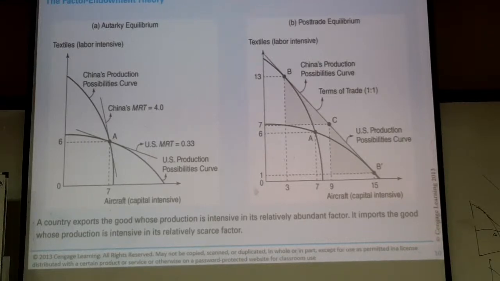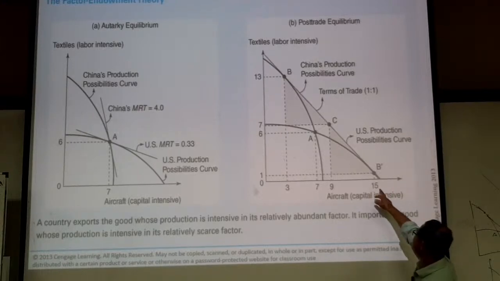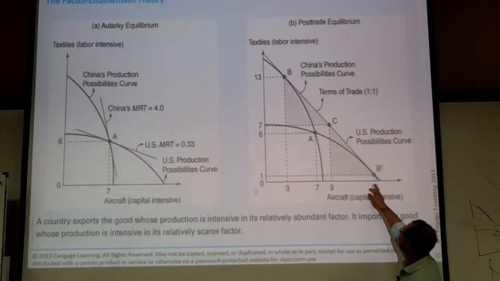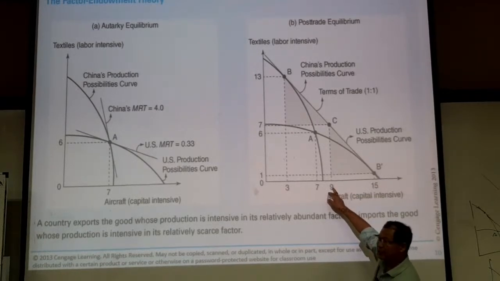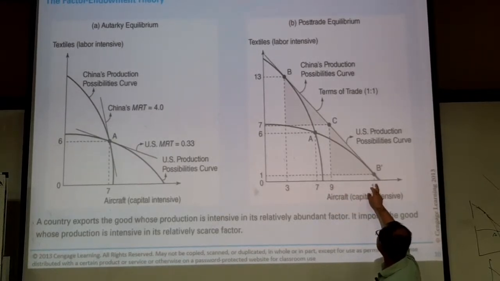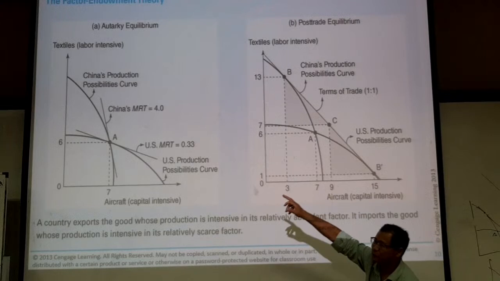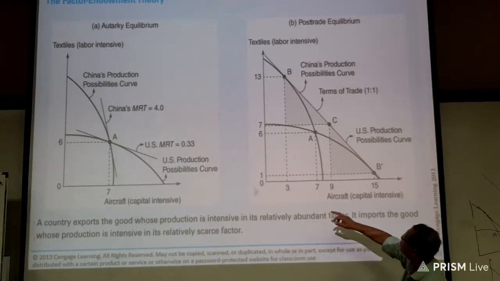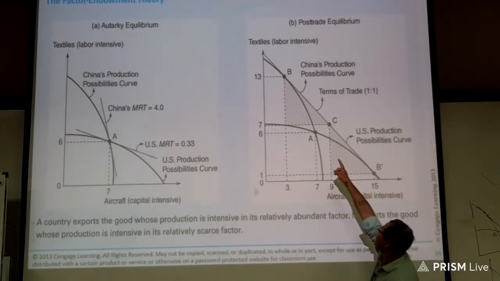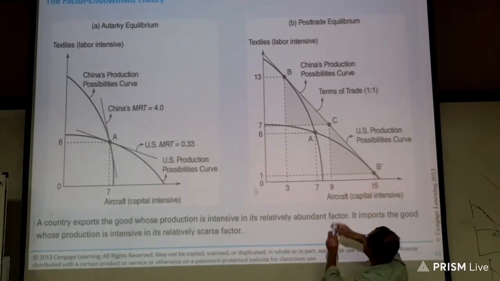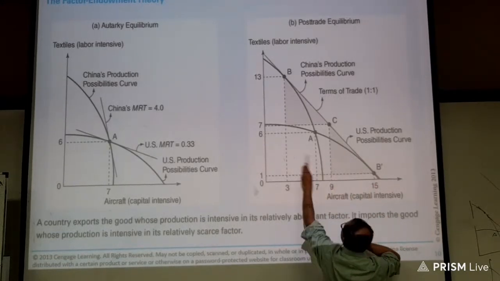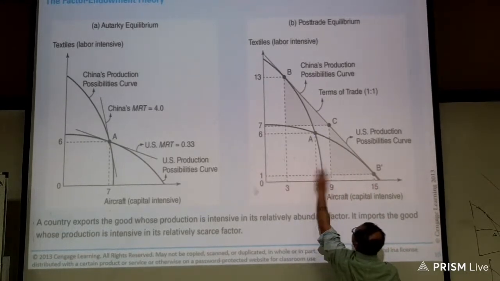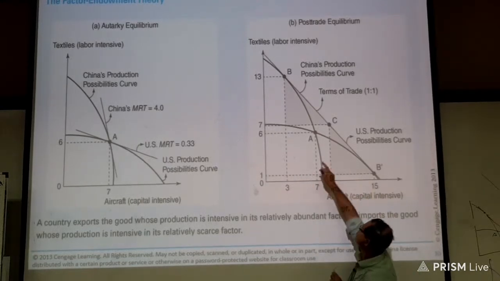So now, with the trading, United States produces 15 aircraft. Consume only 9, which is 6 exported to China. Same.